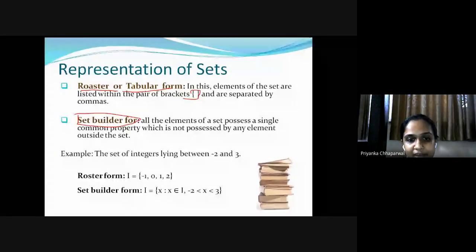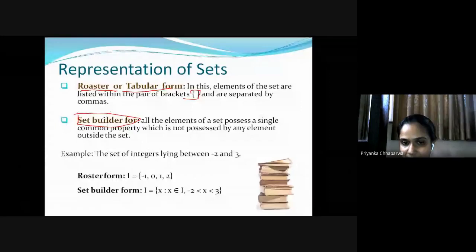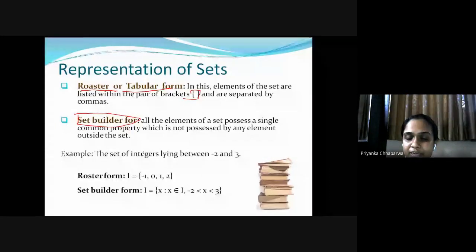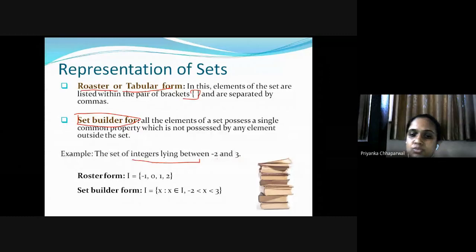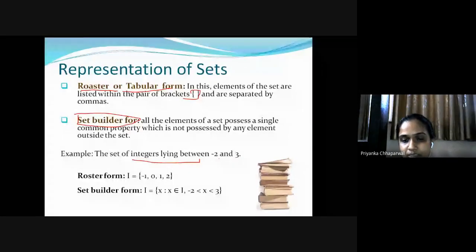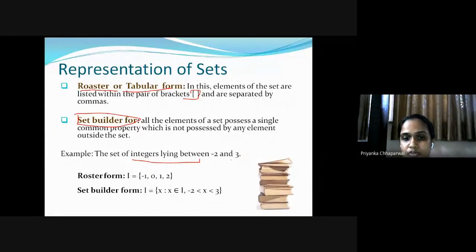First, let us take an example: the set of integers lying between -2 and 3. Here I am not including -2 and 3. So what is the roster form? Whatever elements lie between -2 and 3: -1, 0, 1, 2.